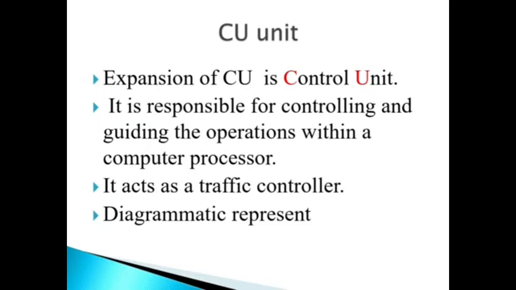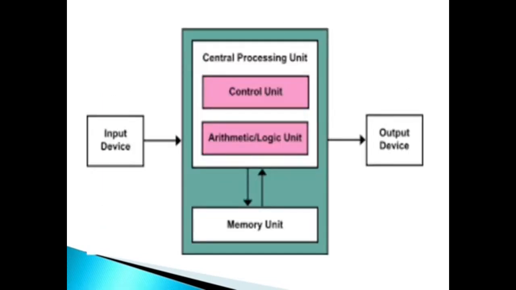So CPU means central processing unit. It is the brain of a computer. It has two parts: one is ALU, the other one is CU. The expansion of ALU is arithmetic and logic unit and CU is control unit. Here is the diagrammatic representation of the central processing unit. Did you see?